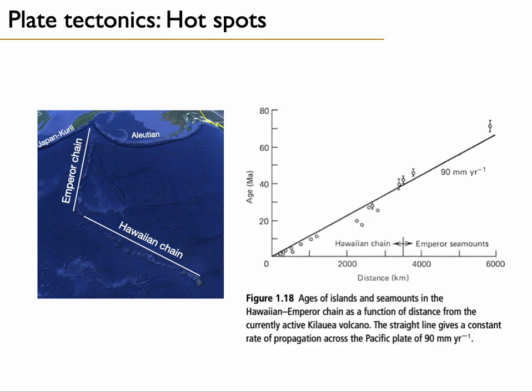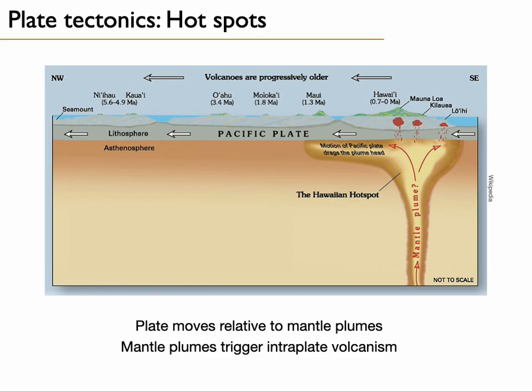By dating the eruptions and measuring the distance, one can create this type of age-distance diagram, and the slope here will be the velocity. You see that for this case it reaches 90 millimeters per year, which is close to 10 centimeters per year, close to the actual GPS velocity of the Pacific plate.